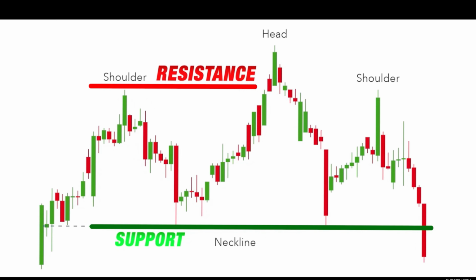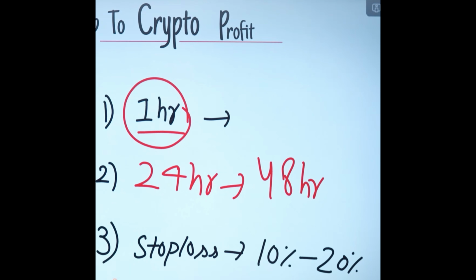That means the movement will be quite significant. Due to this, two things will happen. First, your stop loss. You cannot keep a stop loss of around 2% or 4% like in the stock market here. Here, your stop loss can be from 10% to 20%.